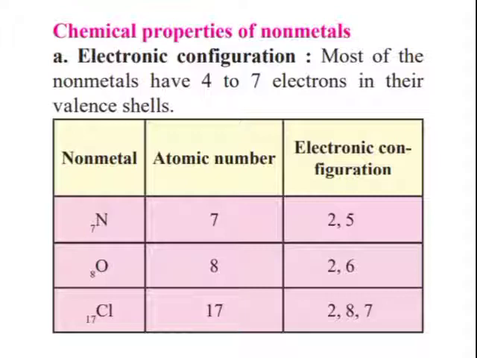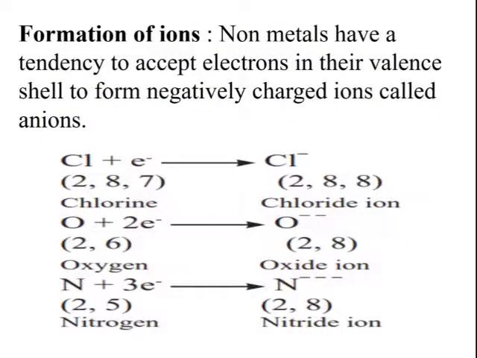Nitrogen atomic number is 7, so the electronic configuration will be 2, 5. Oxygen atomic number 8, so the electronic configuration will be 2, 6. Chlorine atomic number 17. Electronic configuration will be 2, 8, 7. So this is the electronic configuration of different nonmetals.